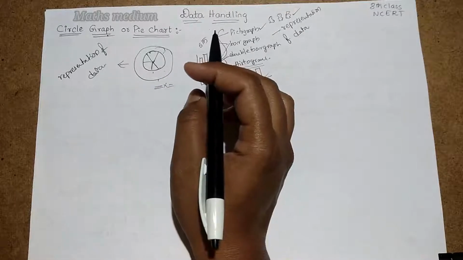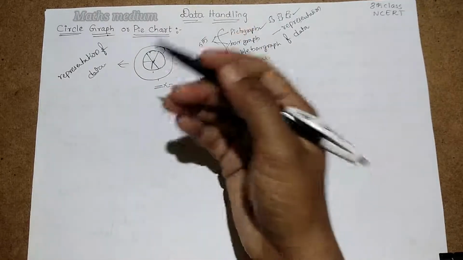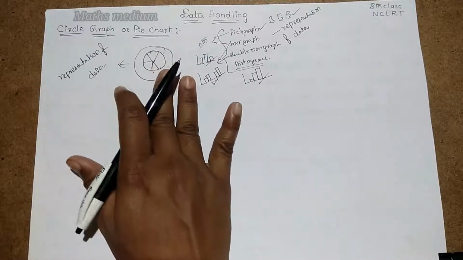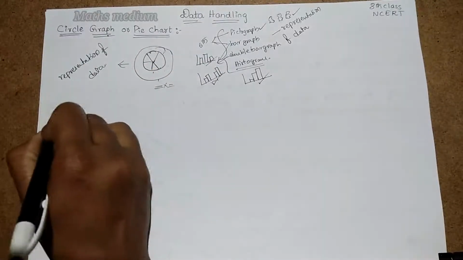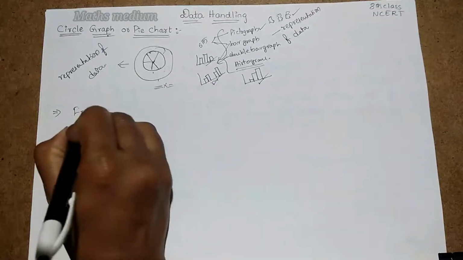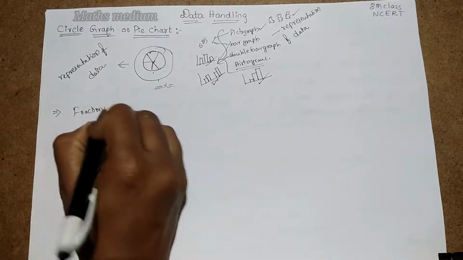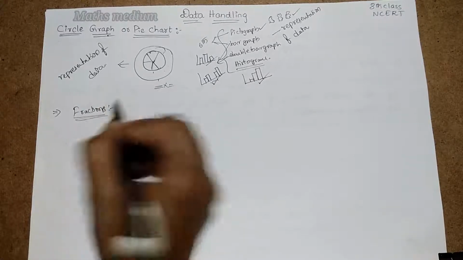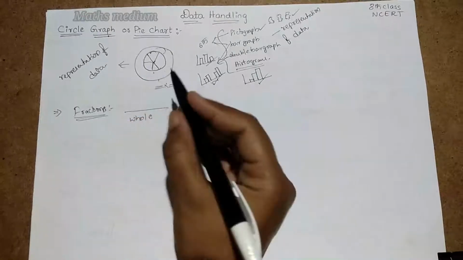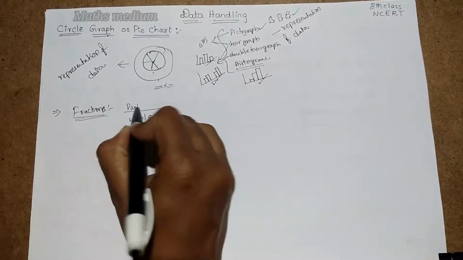So how are we going to represent or give data through the pie chart, I am going to tell you now. It is a circle graph, right? It is also a pie chart. We are familiar with fractions. In a fraction, the whole is the denominator and the numerator is the part of the whole.